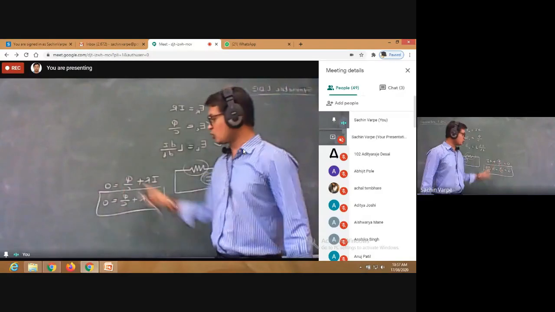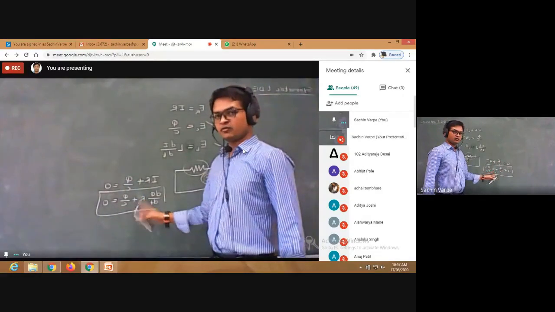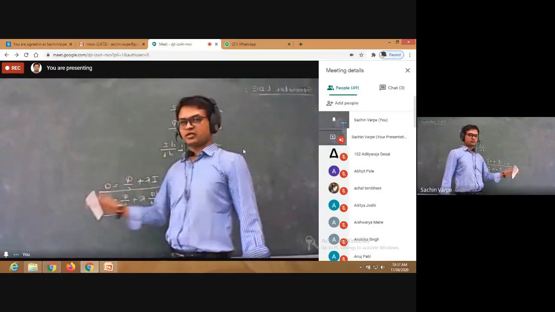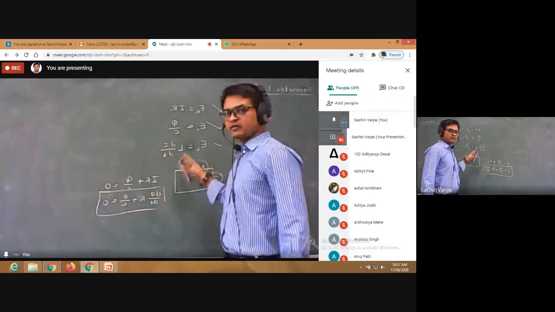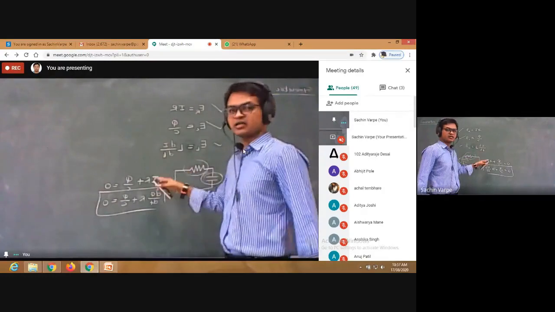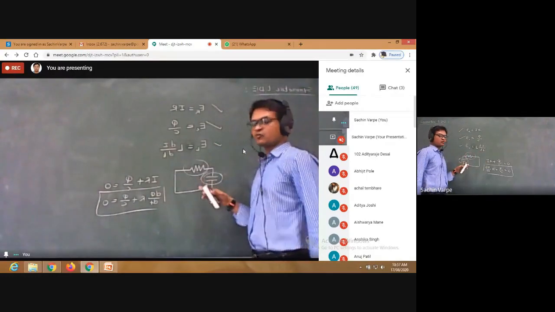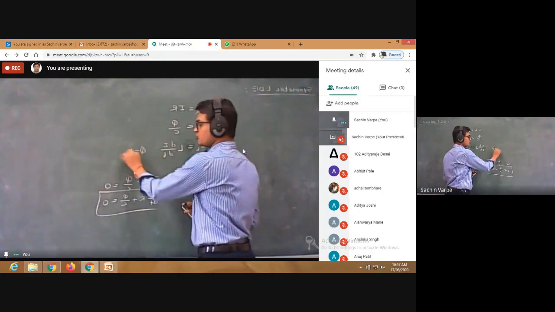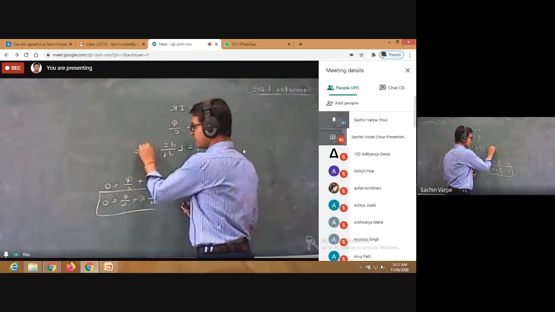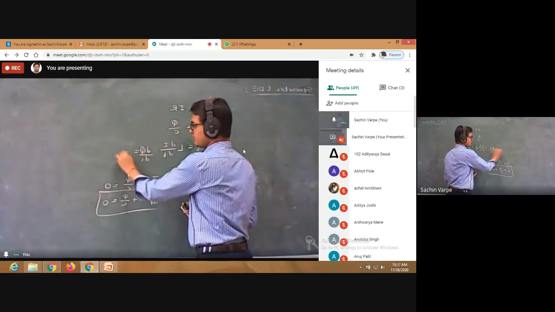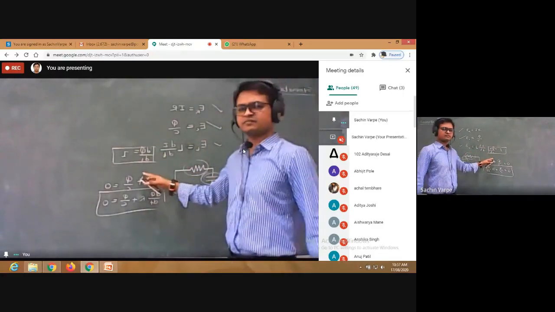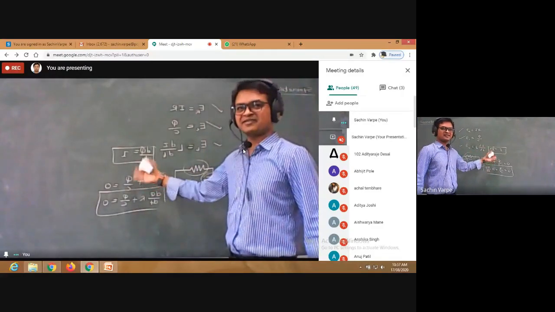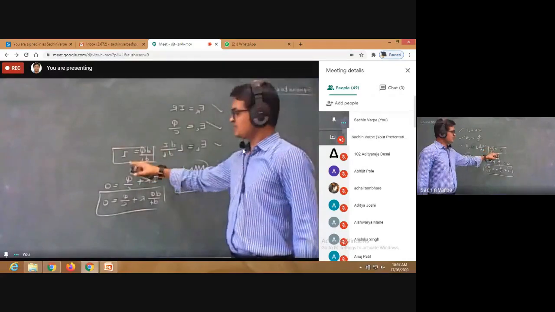So I can solve this for Q in terms of t. That will be the charge flowing through the circuit, and with the help of the charge I can find the current flowing through the circuit. Once I get Q, I can differentiate it, and that will be my current. Is it clear? Is it correct?